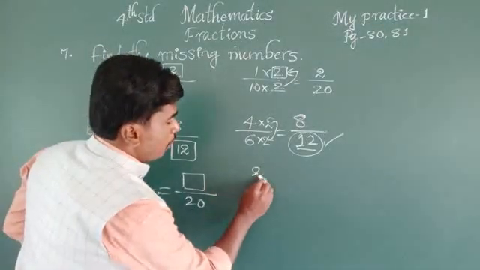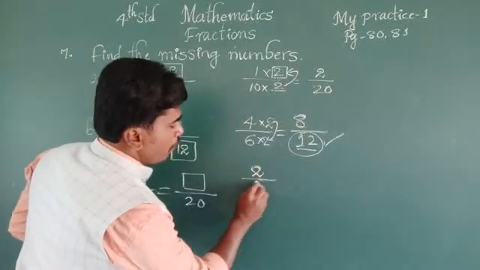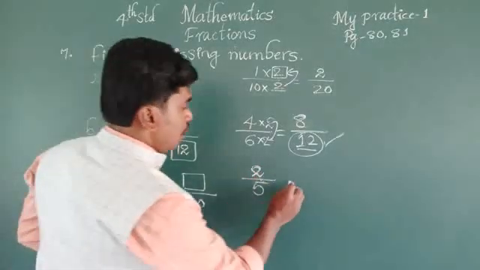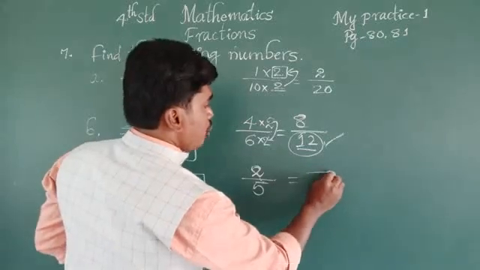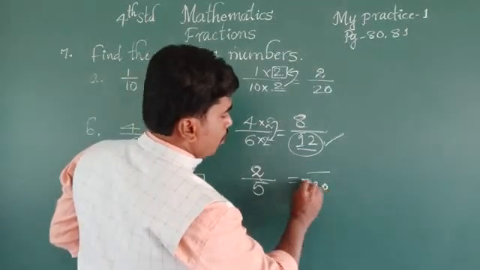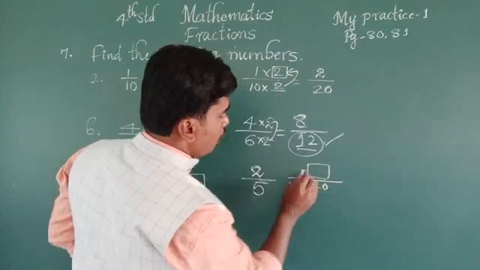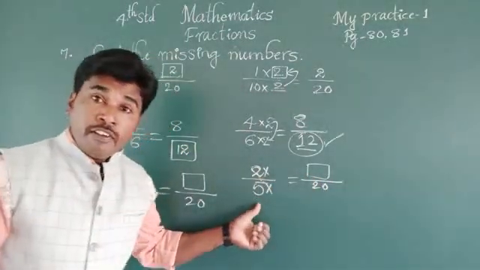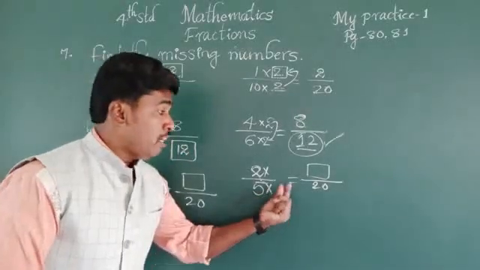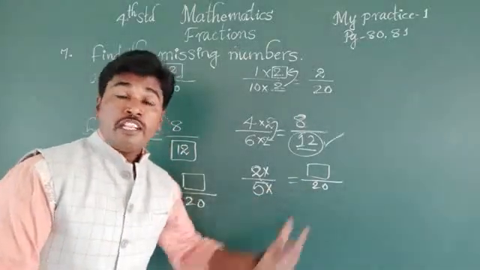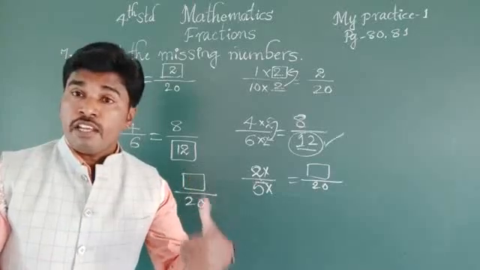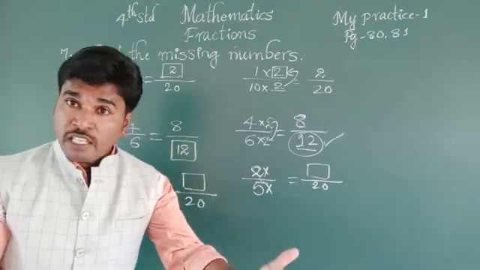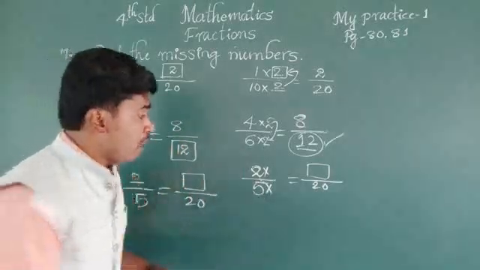Same way, 2 by 5. Write 2 by 5 is equal to dash by 20. Observe, dear children. For 5, which number do you multiply to get 20? 5 ones are 5, 5 twos are 10, 5 threes are 15, 5 fours are 20.